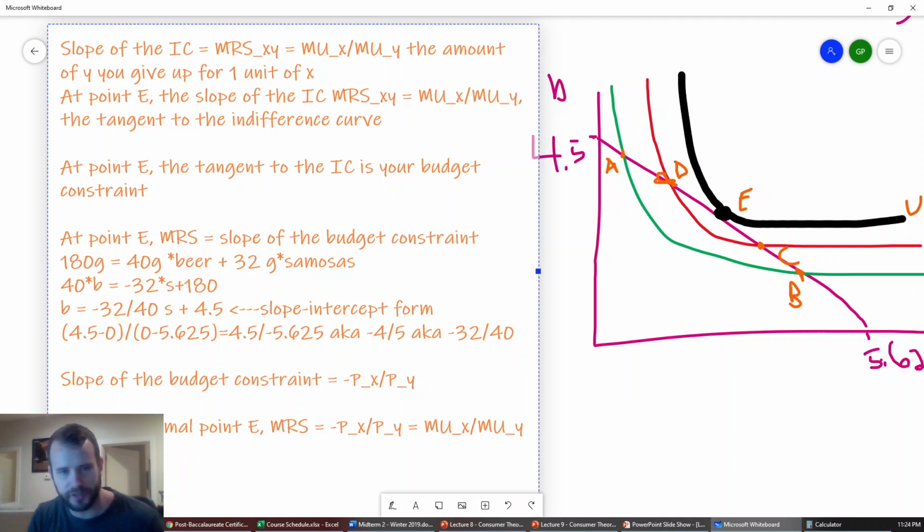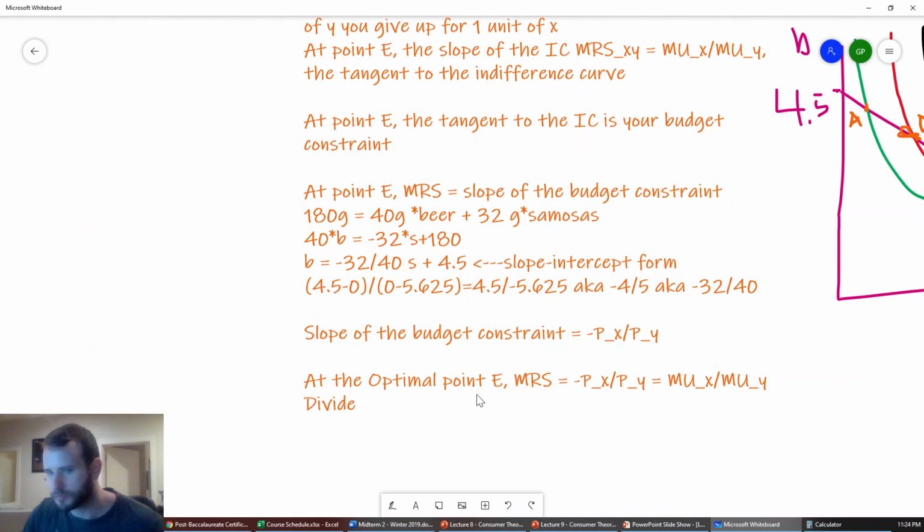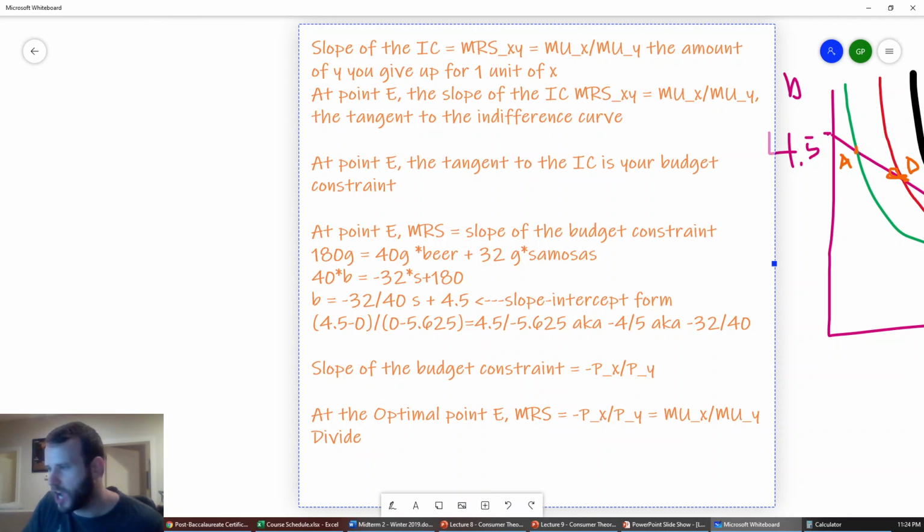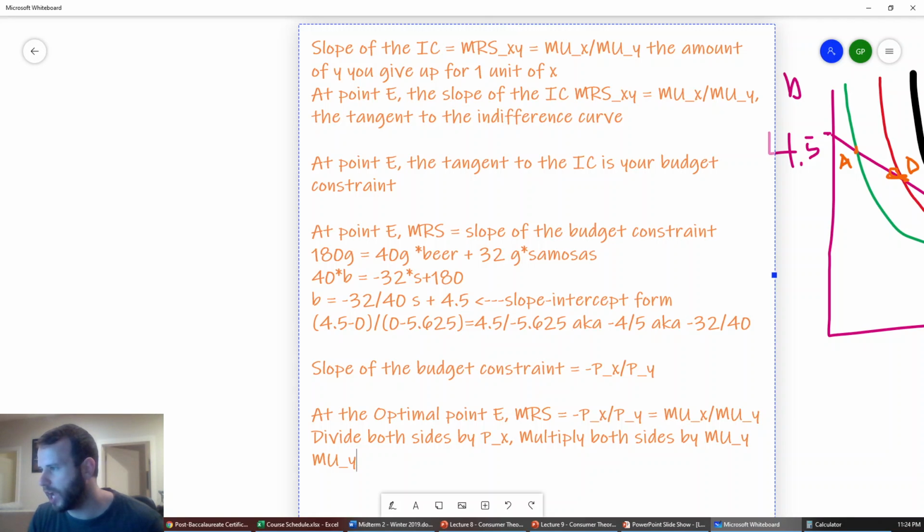Alternatively, if we divide both sides by PX and multiply both sides by MUY, we get MUY divided by PY is equal to MUX divided by PX.